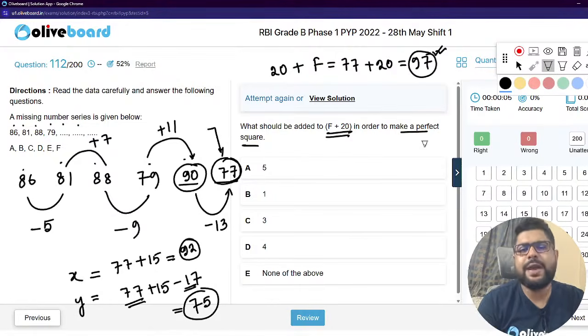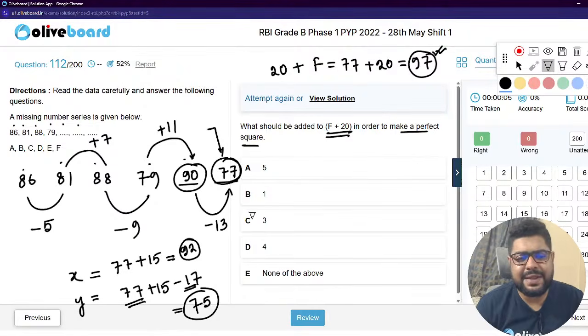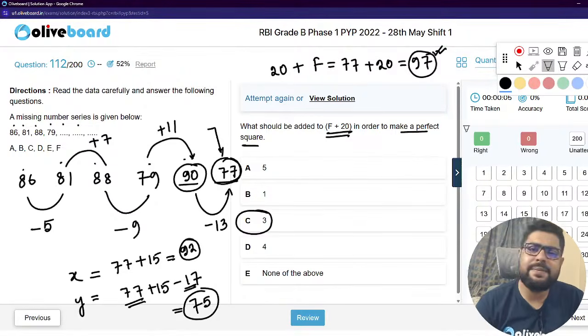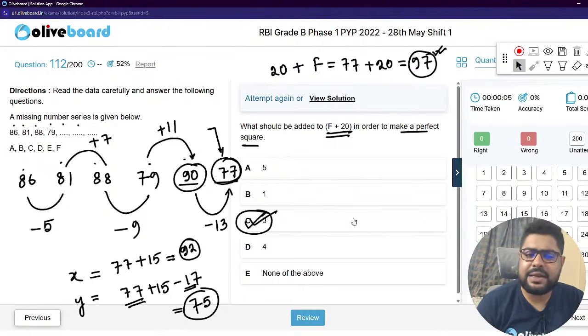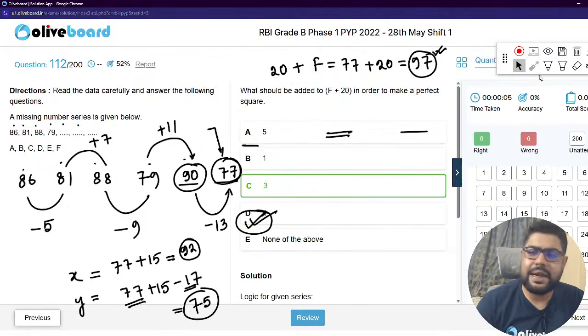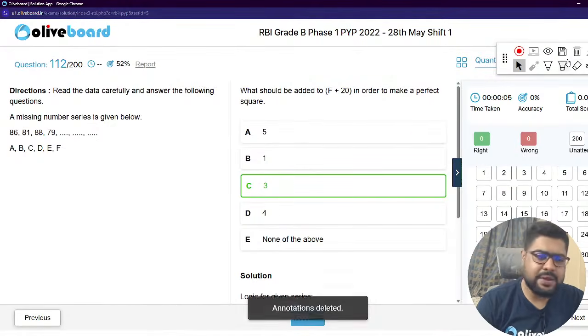What should be added to 97 to make it a perfect square? Very simple answer is 3, because 97 plus 3 is 100, which is a perfect square. So option C, 3 is the correct answer here. Done and dusted. You see, very simple questions.